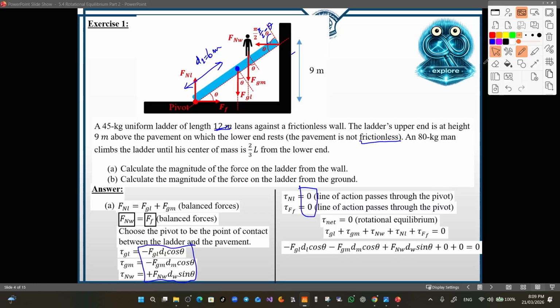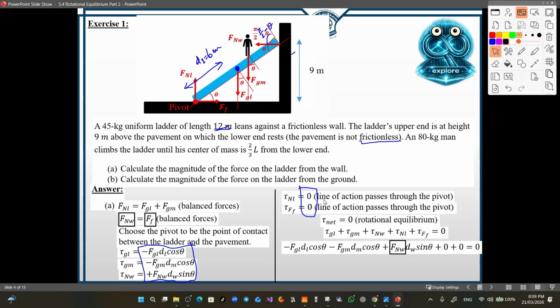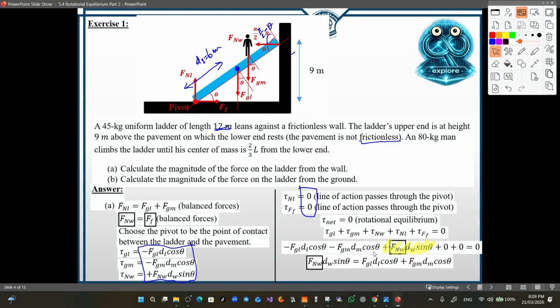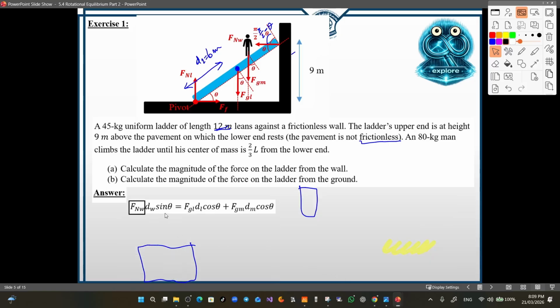Remember that we are interested in finding FNW, so we move every other term to the other-hand side except this term, and the minus becomes a plus due to this movement. Now FNW dW sine theta represents the torque due to FNW. FGL D2 cosine theta is due to the gravity of the ladder, and the last torque is due to the weight of the man.